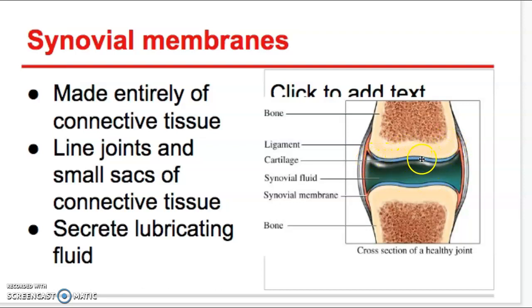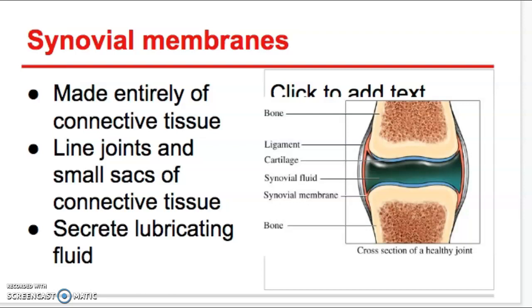Okay, the ends of our bones do have a nice hard layer of cartilage, but our bones put up with a lot from us, and so this fluid can really absorb shocks, and hopefully helps our knees and fingers last as long as the rest of us do. So that's all we need to know for synovial membranes.